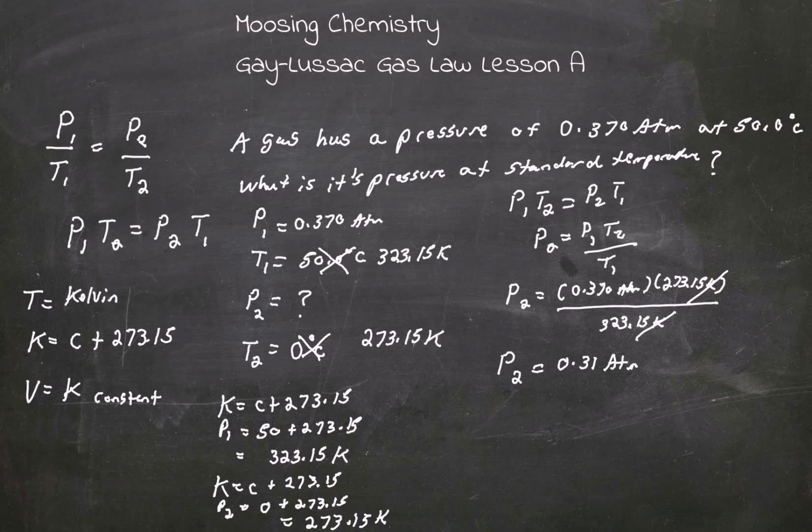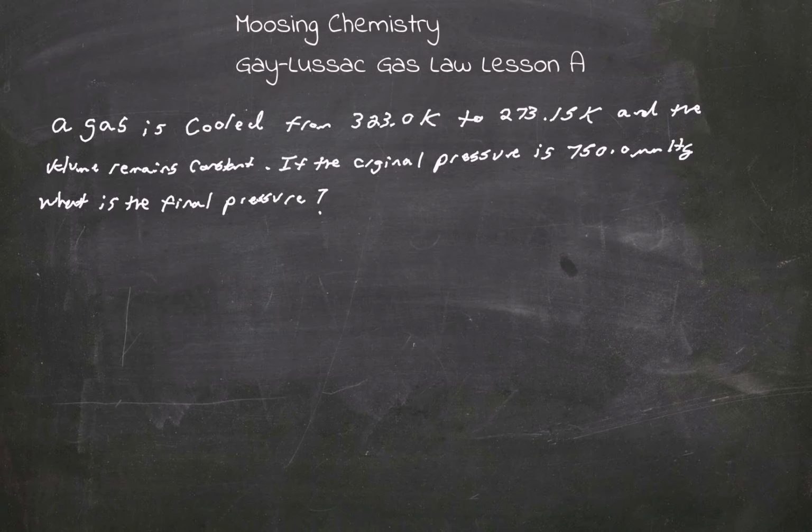Okay, let me clear the drawings and write a new problem. A gas is cooled from 323 Kelvin to 273.15 Kelvin, and the volume remains constant. If the original pressure was 750 millimeters of mercury, what is the final pressure?